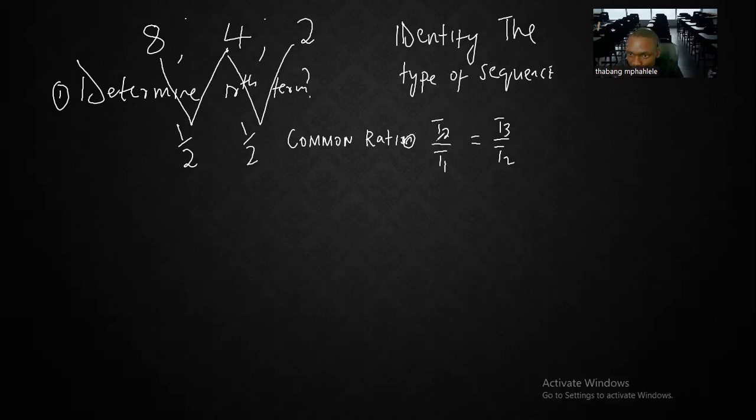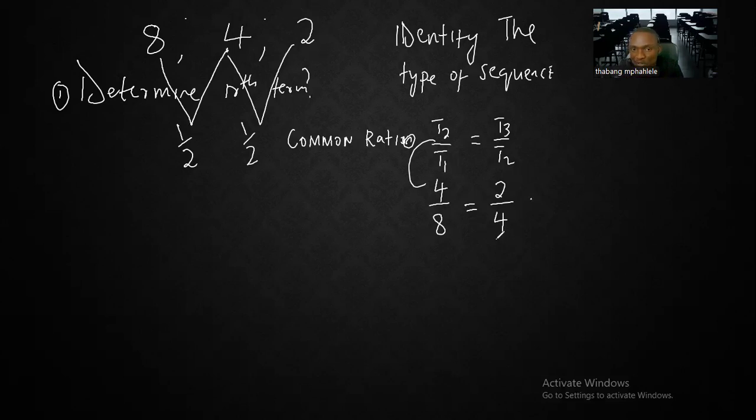In this case, term 2 was 4, term 1, 8, term 3 is 2, term 2, it's 4. So since we have got the same ratio, the sequence is geometric.